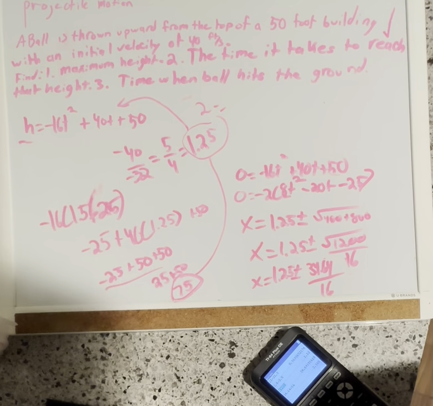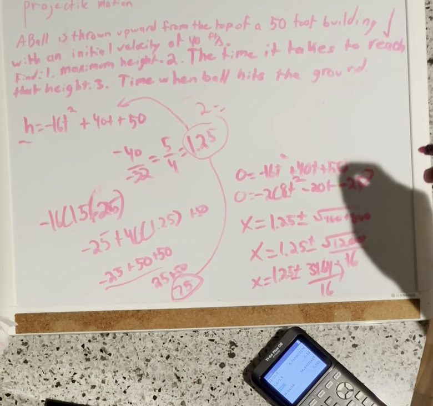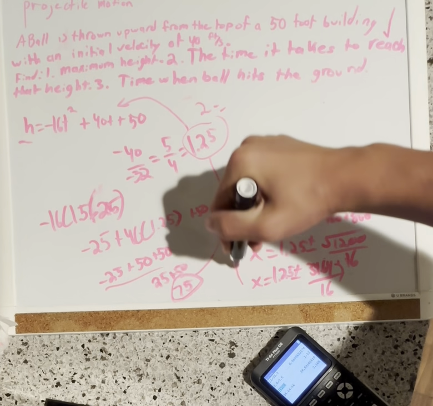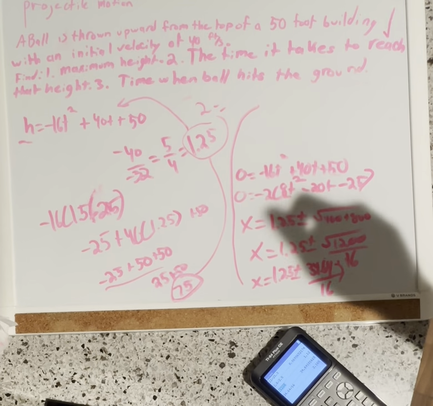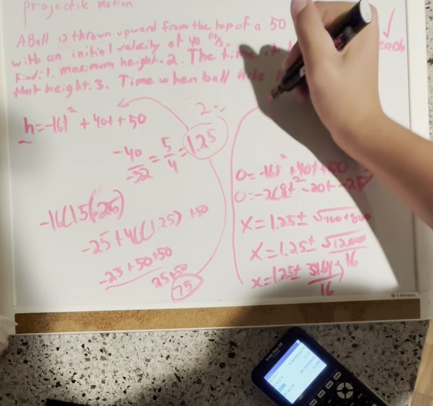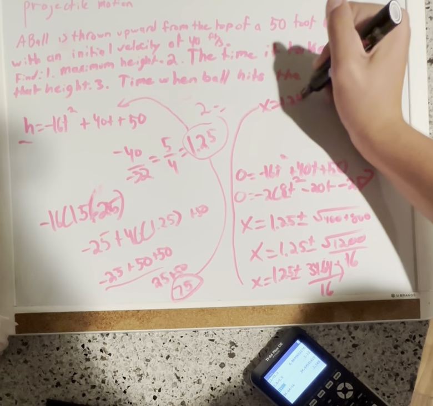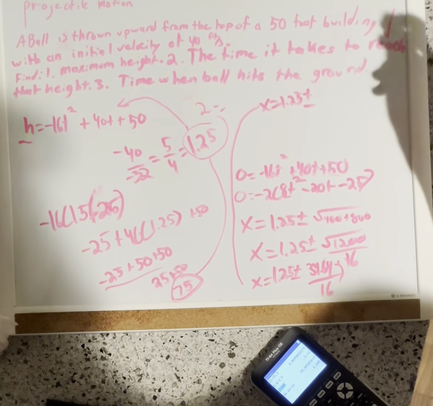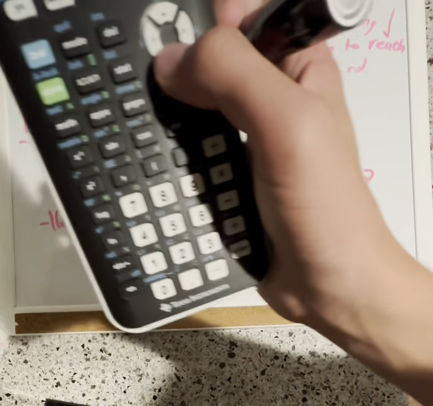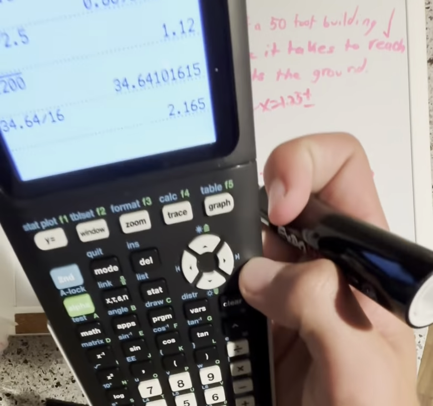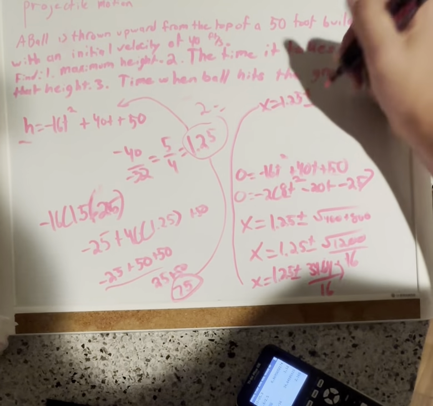Okay, and then once we just do this division here, I'm going to move this problem up here to where there's room. That would be x equals 1.25 plus or minus 34.64 divided by 16, which is 2.165.